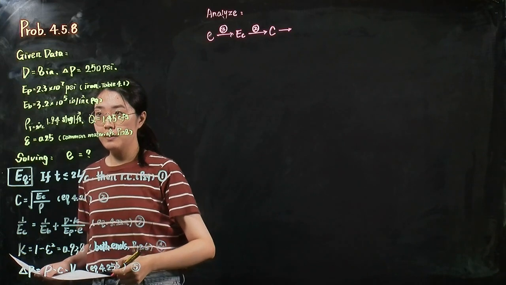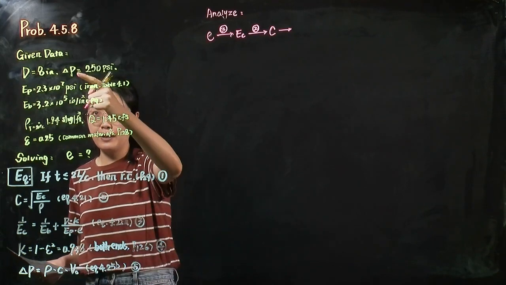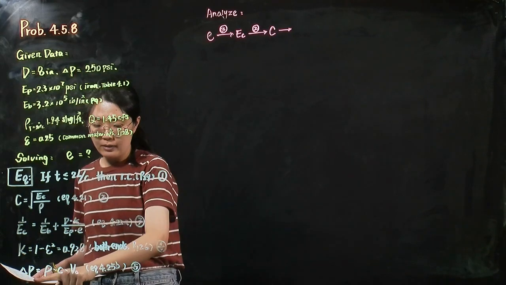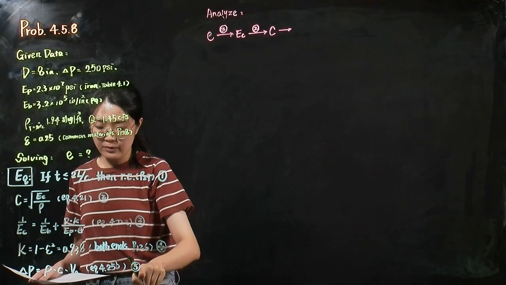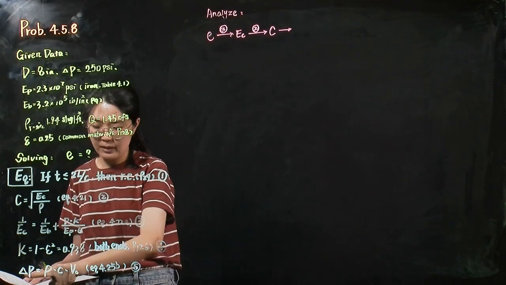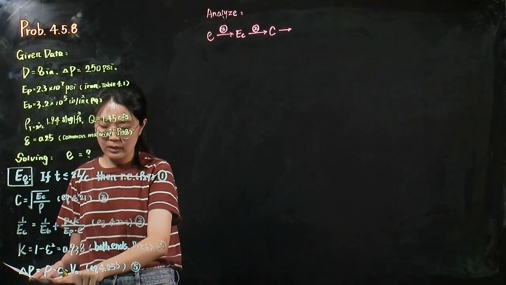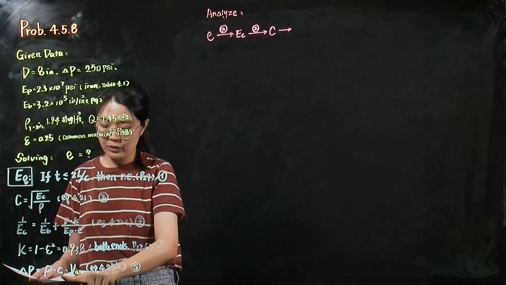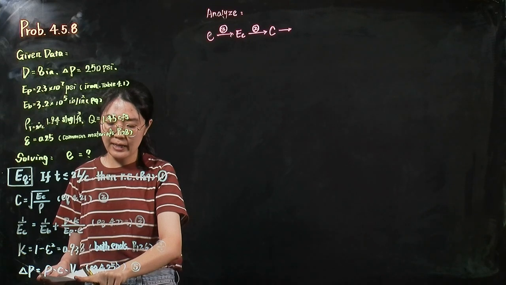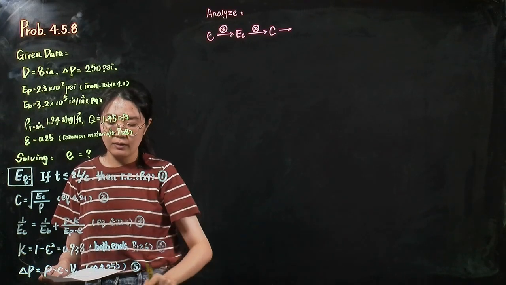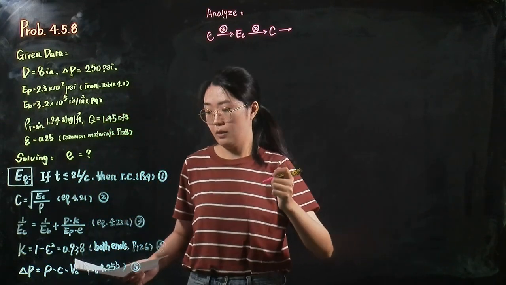Because the problem provides us the information about the delta P. So in equation 5, we know the delta P, the density of the water, and we want to know the value of the celerity. Then we need to calculate the velocity of the water.